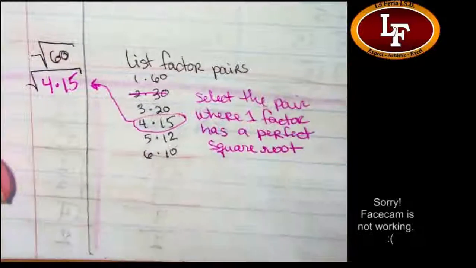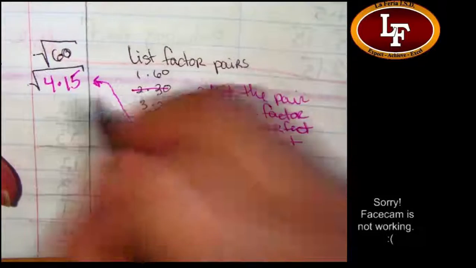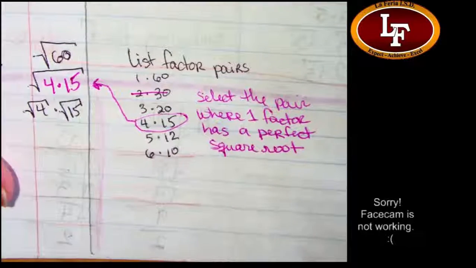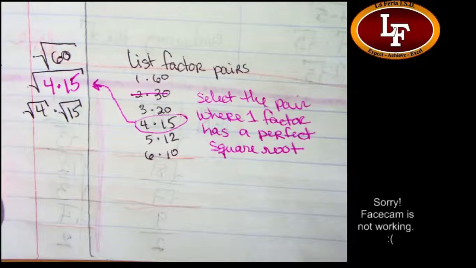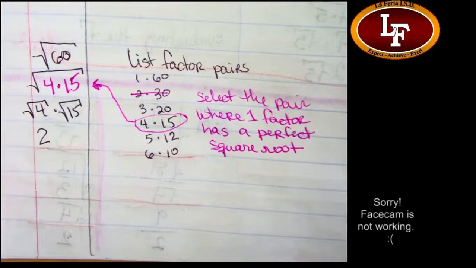Okay, using the product property of radicals, because that's the property of radicals that deals with multiplication, I can rewrite this thing as 2 different radicals, and it gets broken at the multiplication. And now I can evaluate. What's the square root of 4? Just 2.